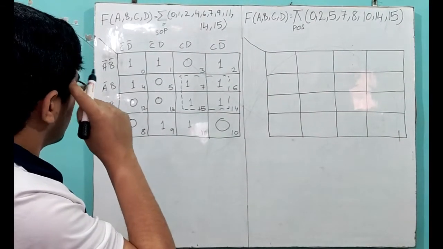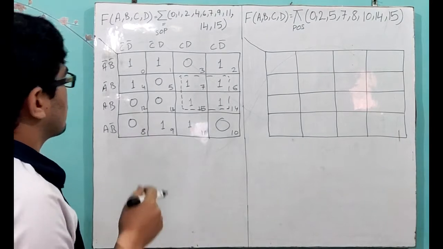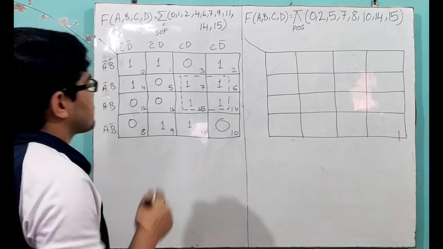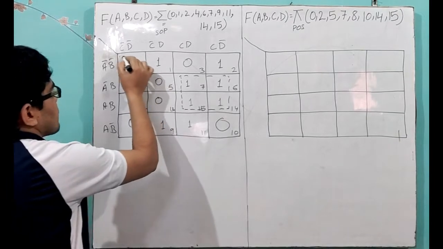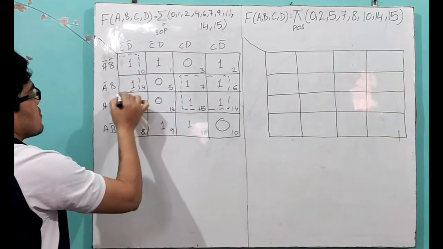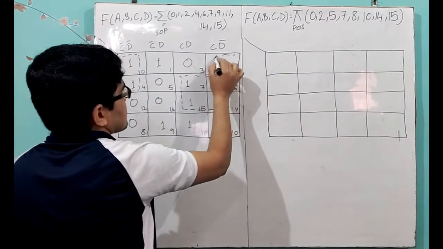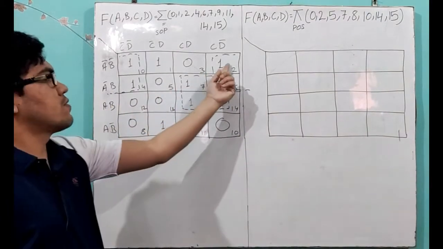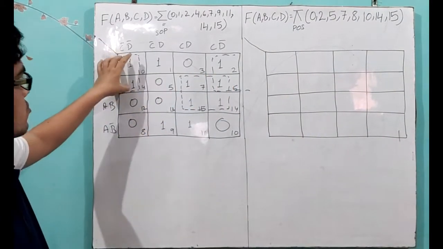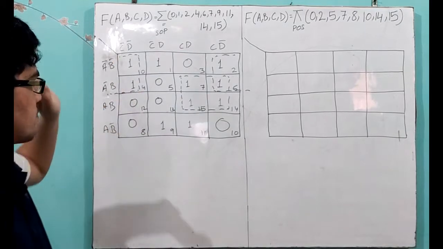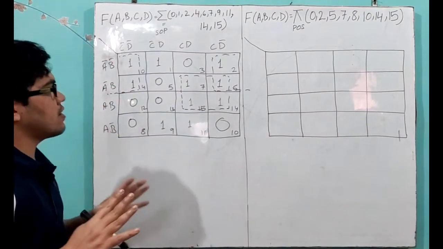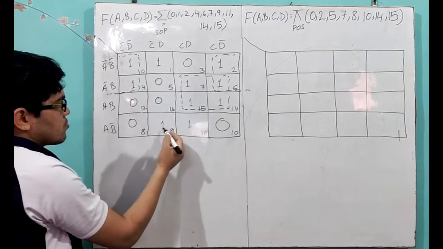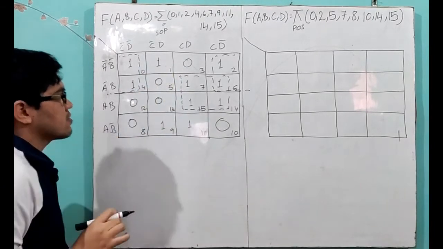Now one more quad is there, this and this, 1, 1, 1, 1. So this is quad 2. Now we are left with 3 ones. These 3 are left.